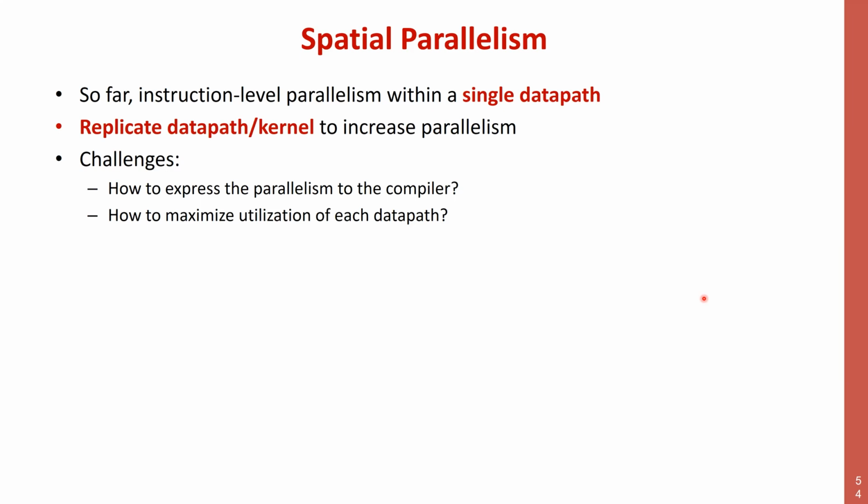Now, the next level is to extract further parallelism by replicating my data path, looking at multiple iterations at the same time, not only pipelining, which uses a single set of resources better, but also having more sets of resources to use at the same time.